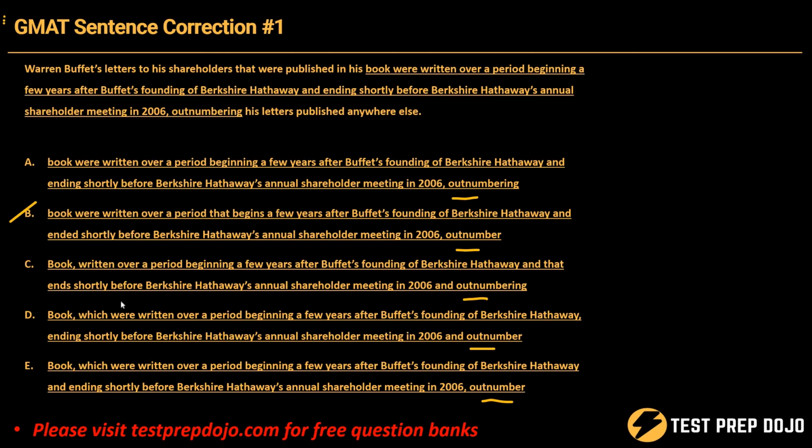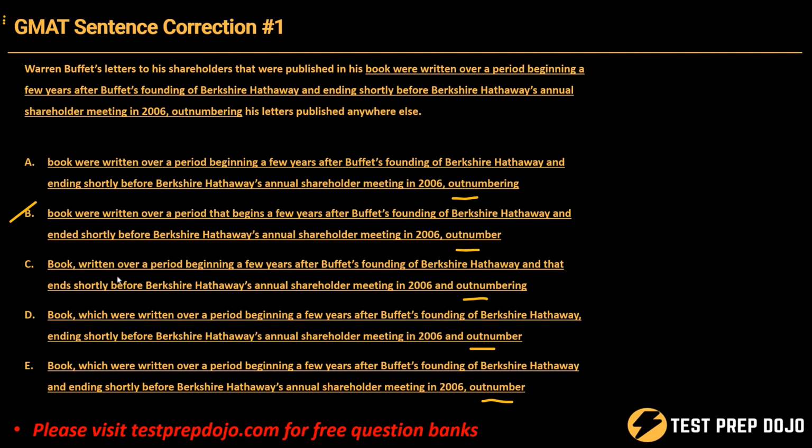In C, and so C, D, and E, we have this construction. The letters, and there's a modifier here, both constructions written this way. This modifier modifies the letters that were published in the book. This is actually fine. Both of these constructions modify the preceding noun.